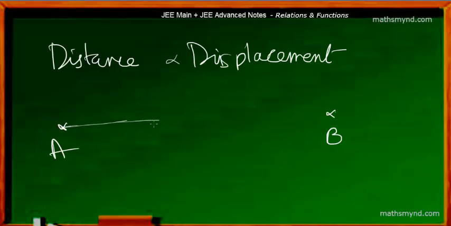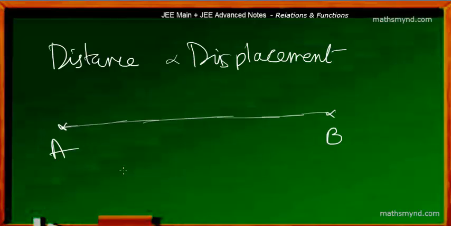So this is the displacement between A and B, and distance is the total distance covered when a vehicle or a body moves from point A to point B.